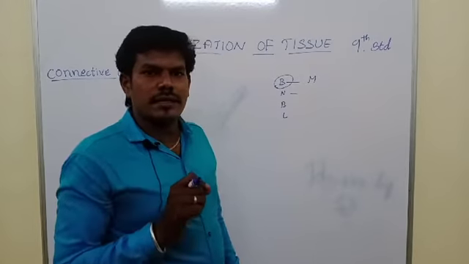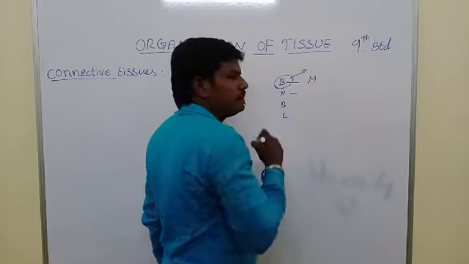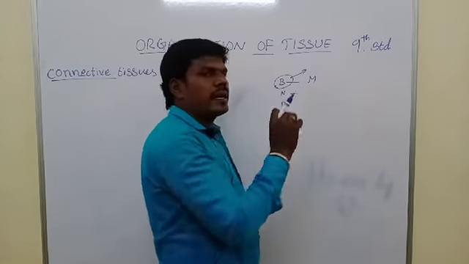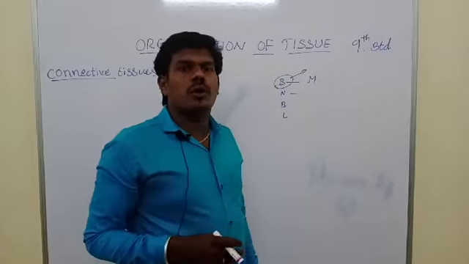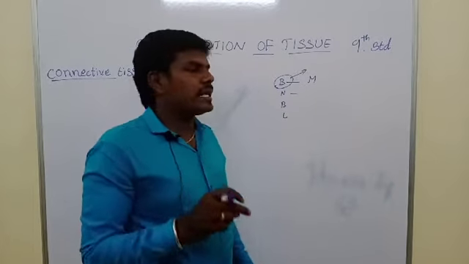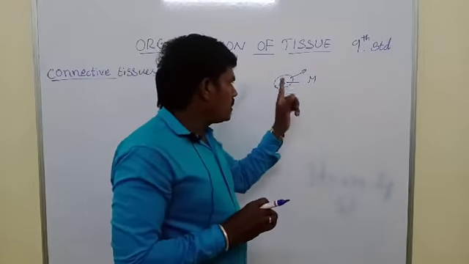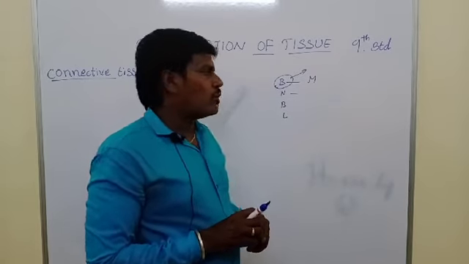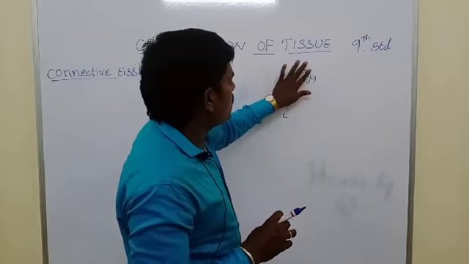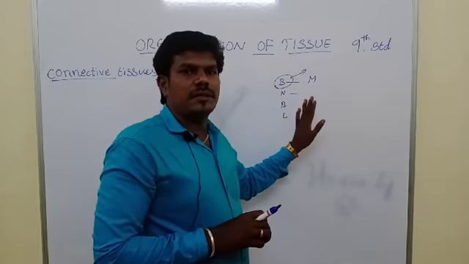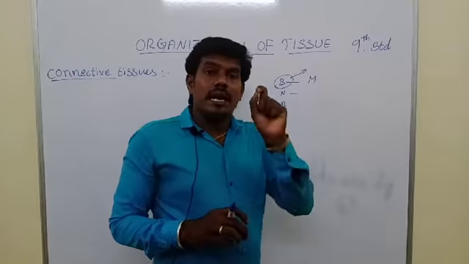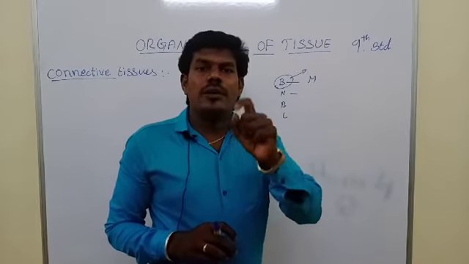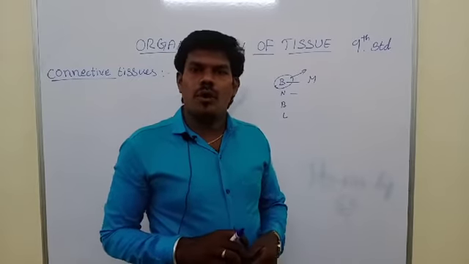How will the oxygen reach? That is the responsibility of the blood, because only blood carries it. Blood itself contains the hemoglobin pigment, and that pigment is responsible for carrying oxygen from one place to another. Yes or no? So every part is involved in some specific function. That's the reason it is called connective tissue. It provides structural framework and gives support to different tissues forming organs.